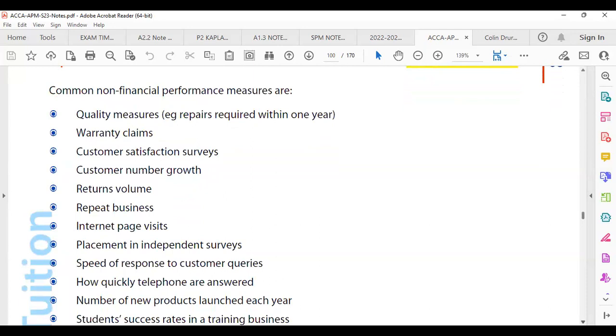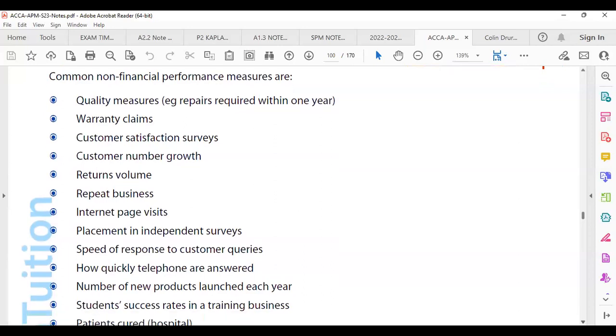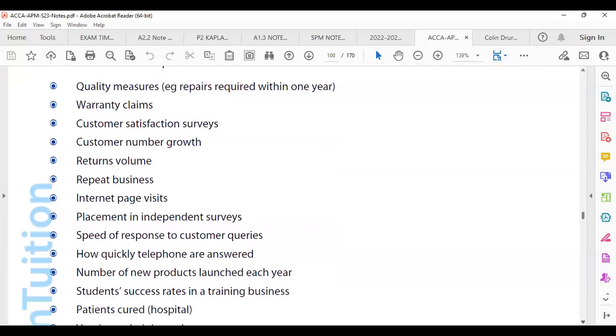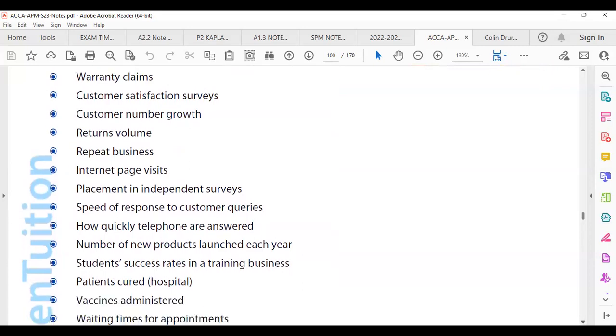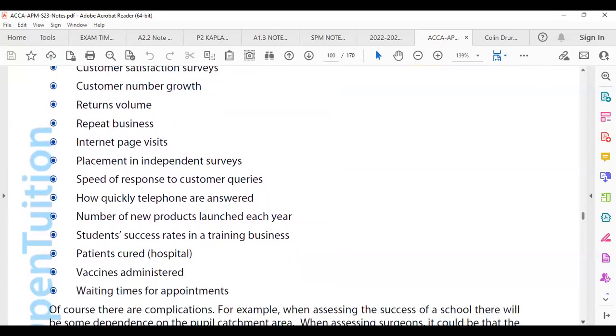Then there is the speed of response to customers' queries, how quickly telephones are answered, number of products launched each year, students' success rates in training, patients cured in maybe hospitals, vaccines administered, waiting times for appointments.